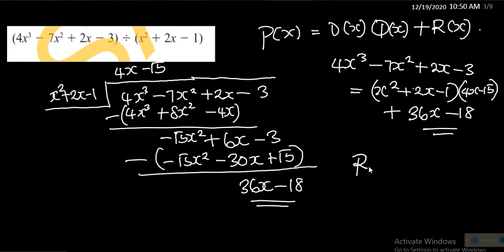So the remainder, r of x here, is 36x minus 18. Remember, the remainder has x because of the nature of the divisor, x squared plus 2x minus 1. So what we are trying to draw out here is the statement of the remainder theorem.